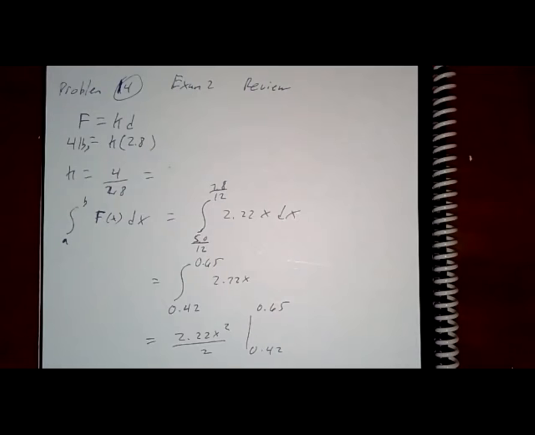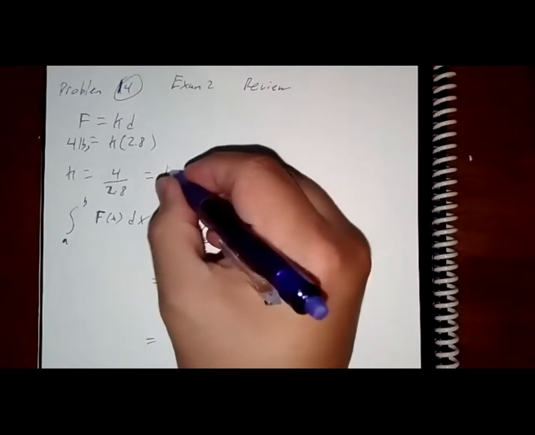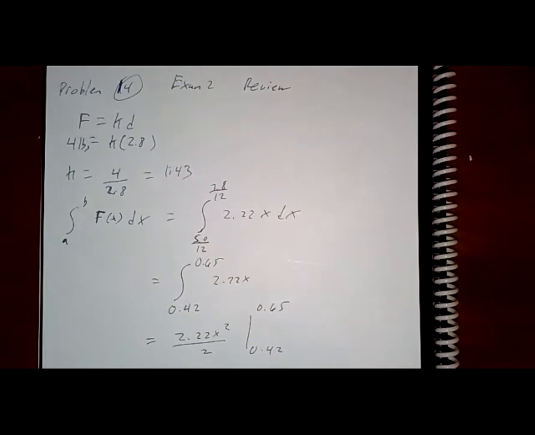So 4 divided by 2.8 is 1.4, 1.42. Yeah. Okay.